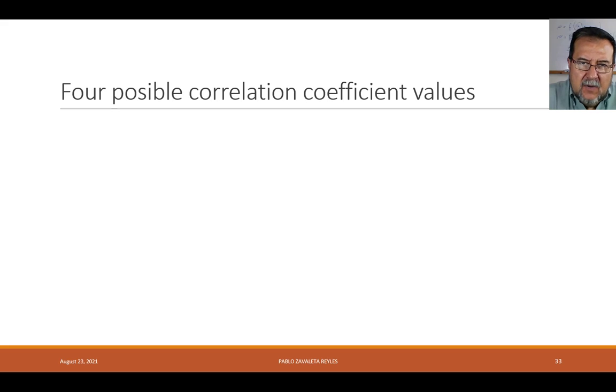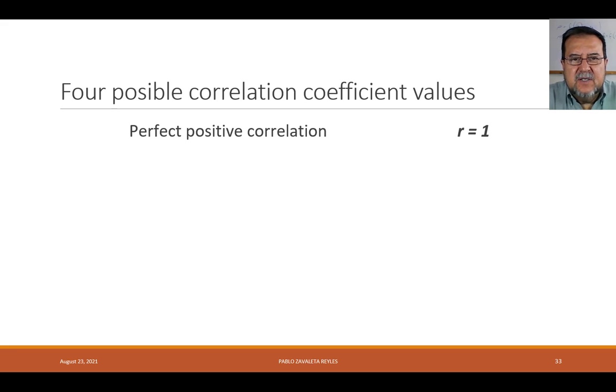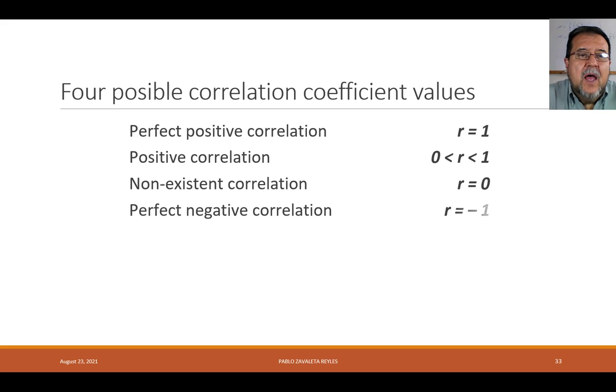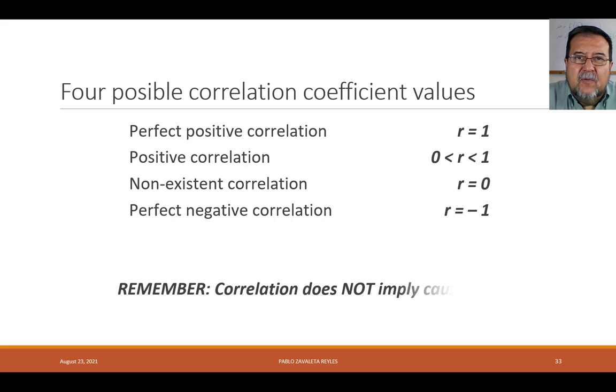So, checking again our 4 possible correlation coefficient values. Perfect positive correlation is R equals 1. Positive is between 0 and 1. Non-existent is equal to 0, and perfect negative correlation is -1. But remember always, correlation does not imply causation.